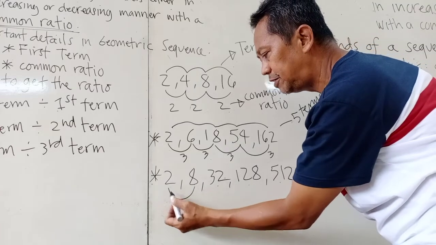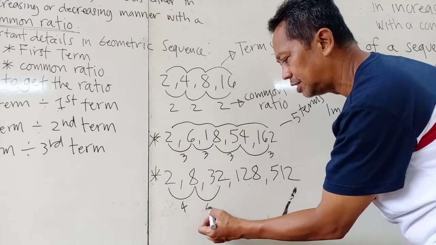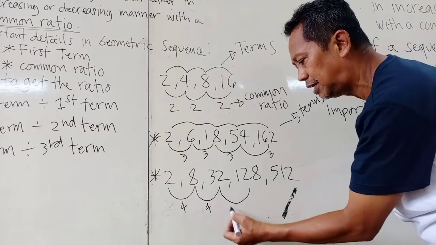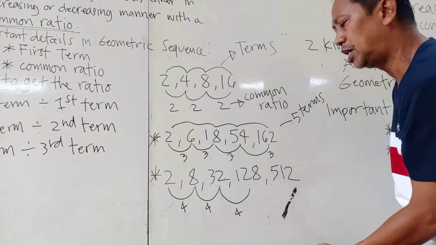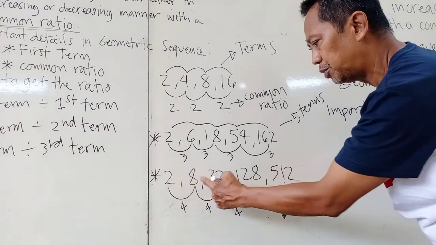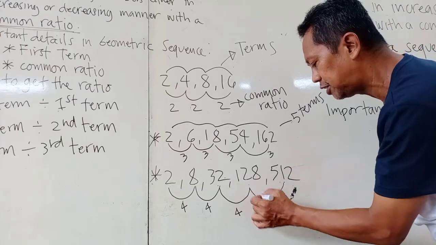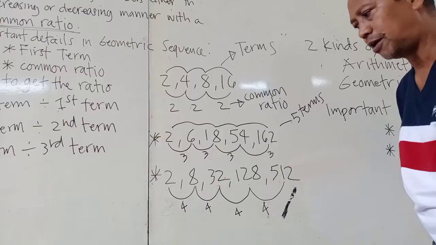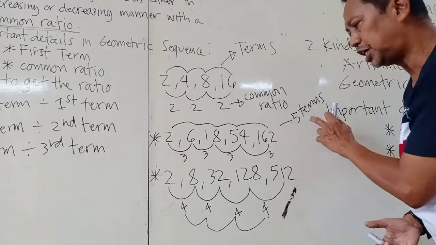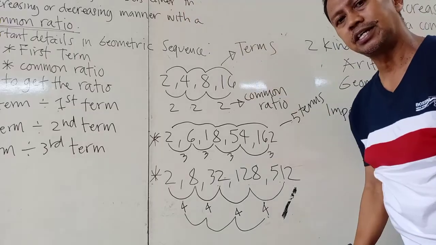Second term divided by the first term is 4. 32 divided by 8 is still 4. 128, the fourth term, you divide it by the third term, the quotient is 4. 512, which is our fifth term, we divide it by the fourth term, the quotient is 4. If you notice, we have a common ratio in each term. Therefore, this kind of sequence is geometric.